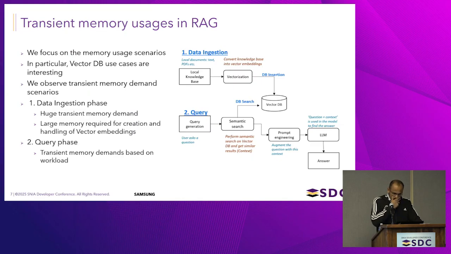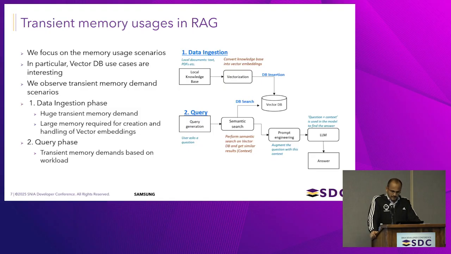Now let's move into the memory usage scenarios of RAG, which is the main context of discussion in this topic. We can observe two clear memory demand scenarios, and more transient memory demand scenarios, I would say. They are mostly with respect to vector DB use cases.